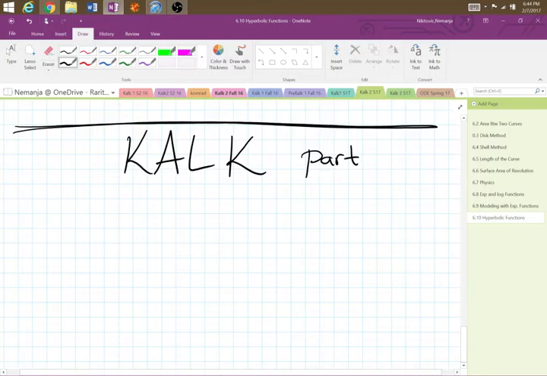So the limit, obviously, for a trig function, sine, cosine, tangent, any of them, is not defined at all. So we don't talk about limits of those vanilla versions of a trig function. You can figure out the limit of sine x over x at 0 and stuff like that.